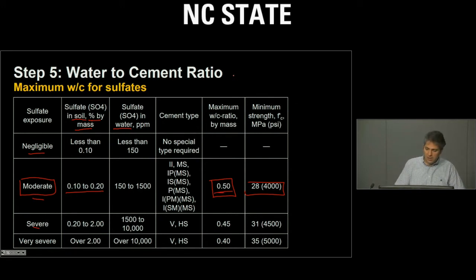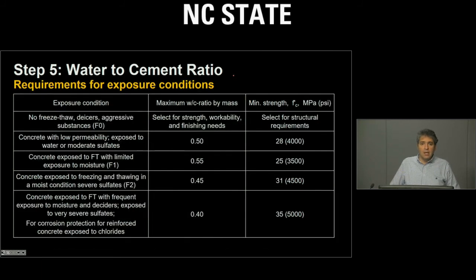The same thing for severe and very severe is provided, and you can always refer to these tables if you are dealing with sulfate exposure, either concrete that is in the soil, for example, a foundation placed in soil that has sulfate, or concrete that is in contact with water that has sulfates, measured as ppm. We have to meet this maximum water-to-cement ratio and minimum strength.